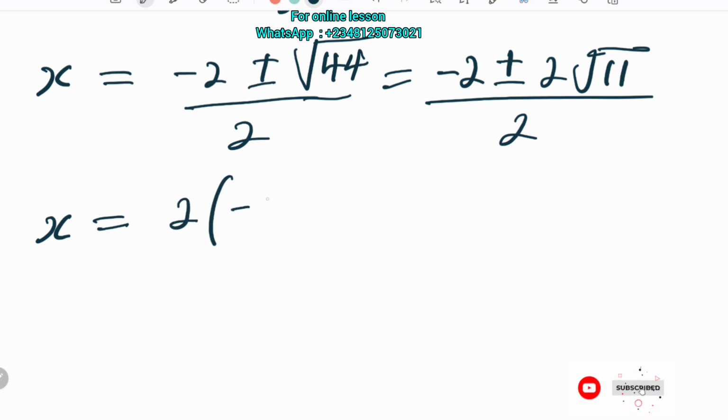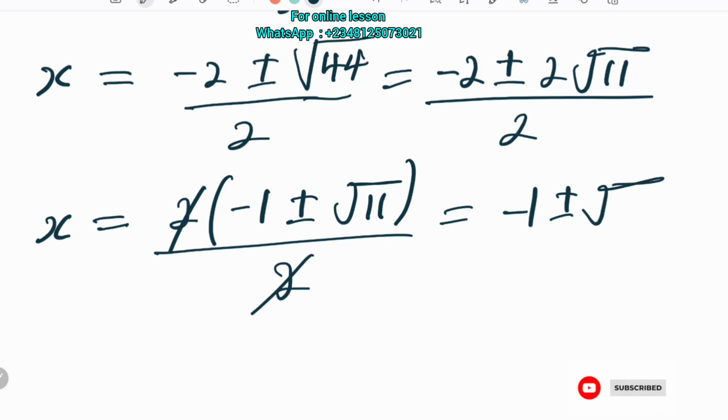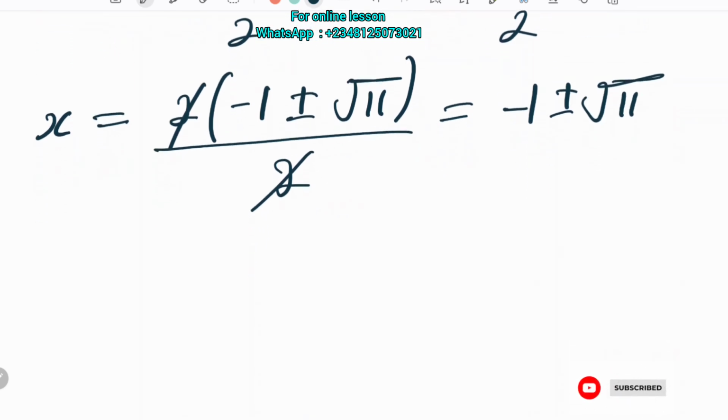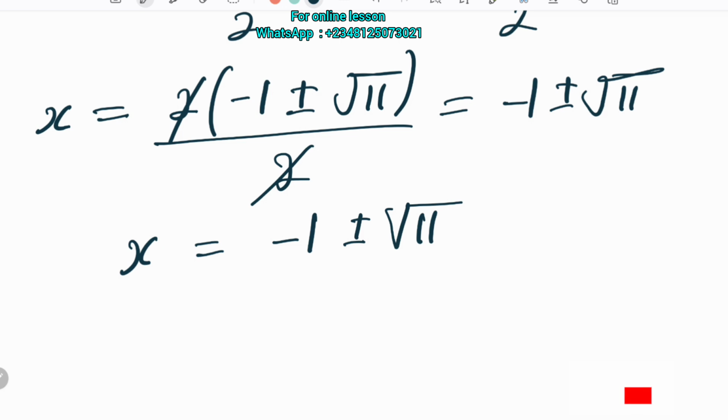Then we have a negative 1 plus or minus the square root of 11 all over 2. So we'll cancel out, so that will remain minus 1 plus or minus the square root of 11. So this is the second value we have for x. So x here equal to minus 1 plus or minus square root of 11. If you want to have a numerical value, you can find the root and get your answer.